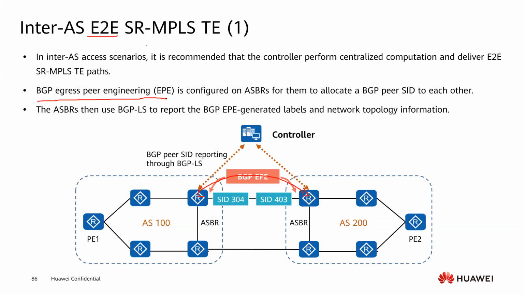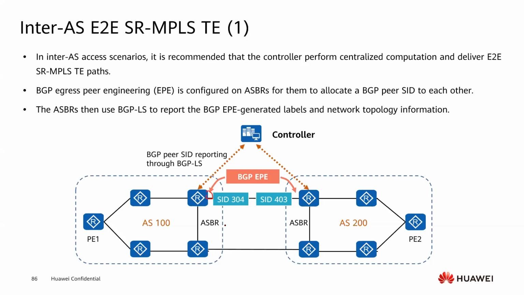This E2E technology actually is not difficult. Basically, we just use BGP egress peer engineering, this EPE technology, to exchange and forward the label. That's all. Nothing different, nothing difficult.